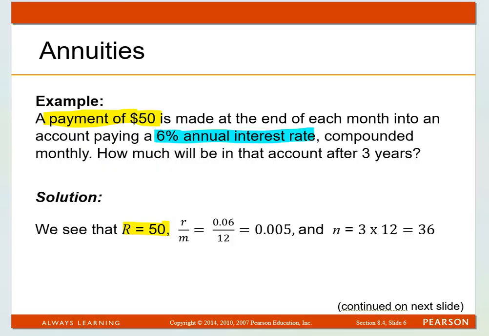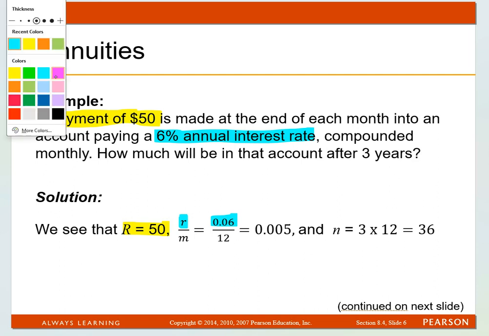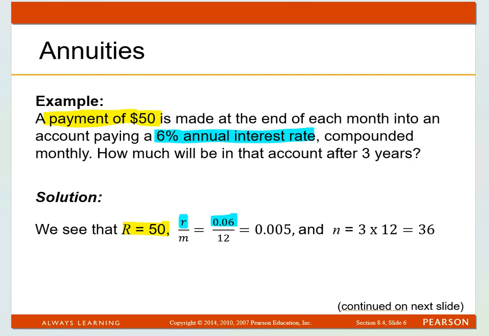That's your little r, which would be 0.06. And then it is compounded monthly. The compounding is M, and that's monthly, so 12 times a year. Now, they went ahead and calculated r over m. They did this 0.06 divided by 12, and that gave them this number here.